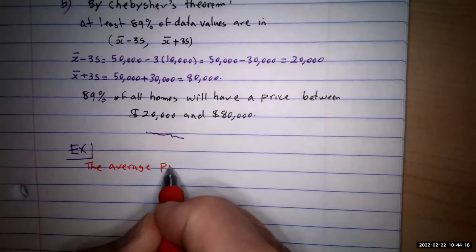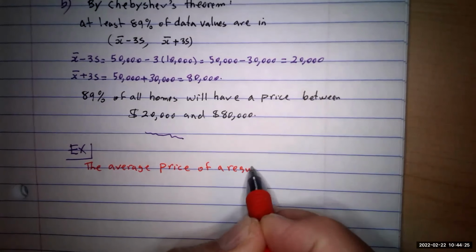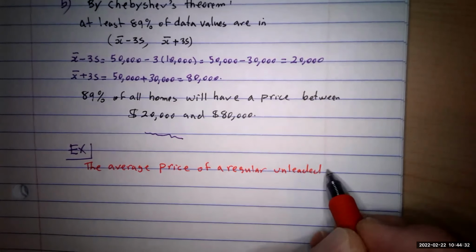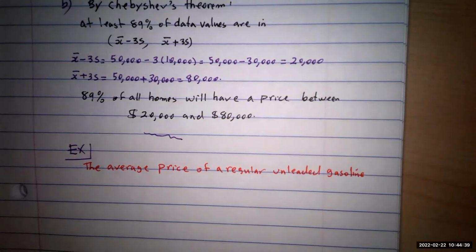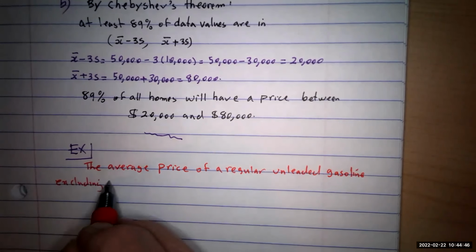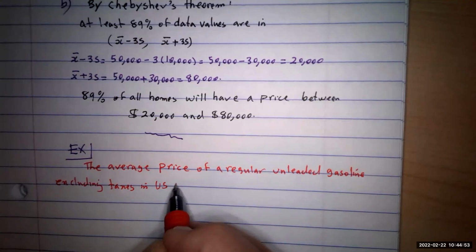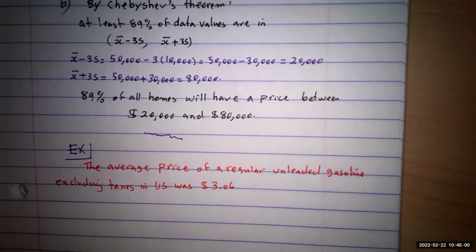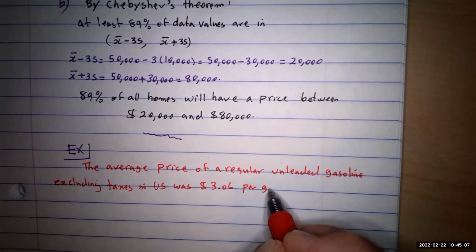The average price of a regular gasoline, excluding taxes, say in the USA, was $3.06 per gallon.